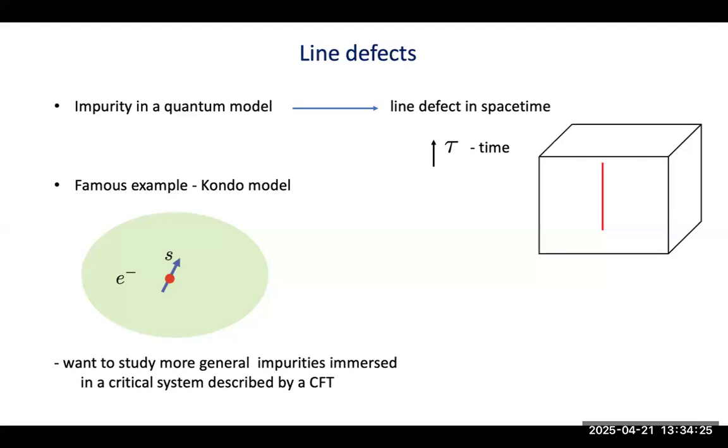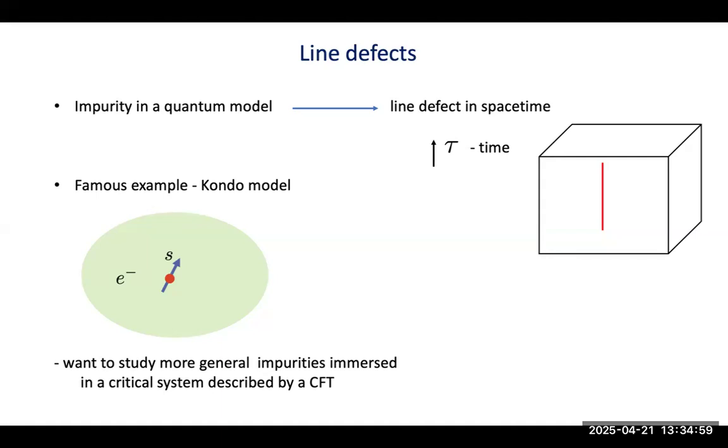The very famous example of this is the Kondo model of a magnetic impurity in a free electron gas. The Kondo model has really been central to the developments of theoretical physics in the second half of the 20th century and precipitated such developments as renormalization group by Wilson and also important progress in integrability.